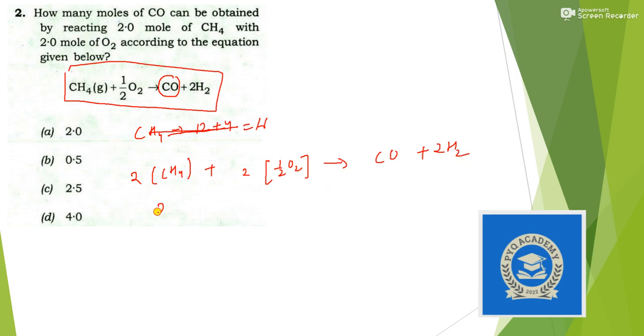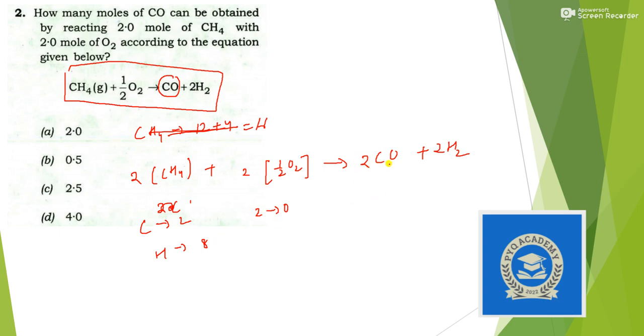So now it will become 2C, and let's calculate C. There is 2C, and there is 8H, and it will be 2O. Now we have to balance this.